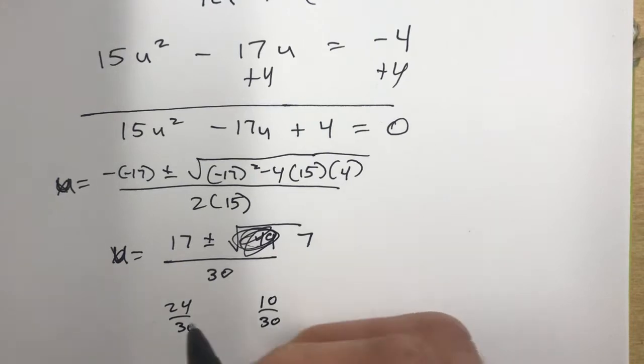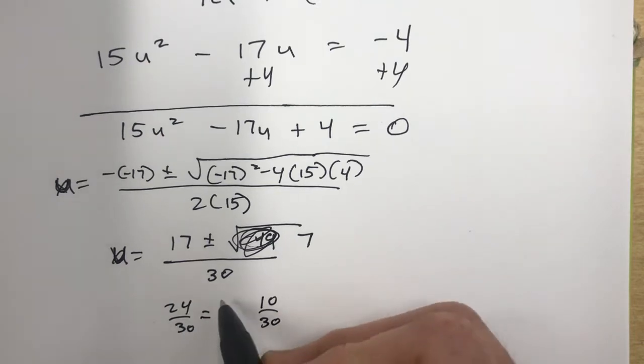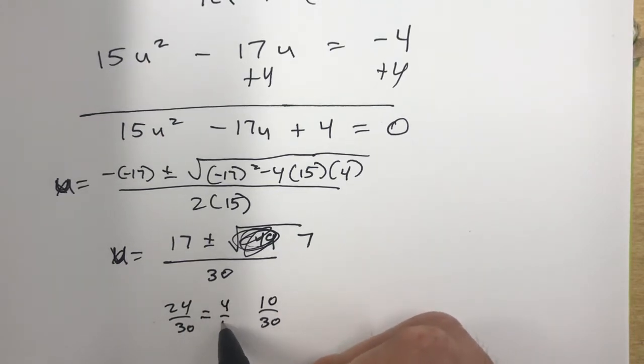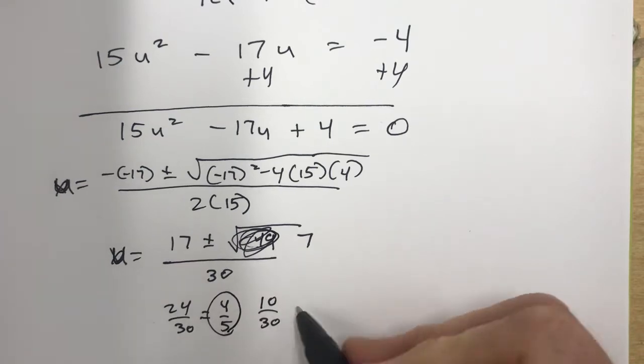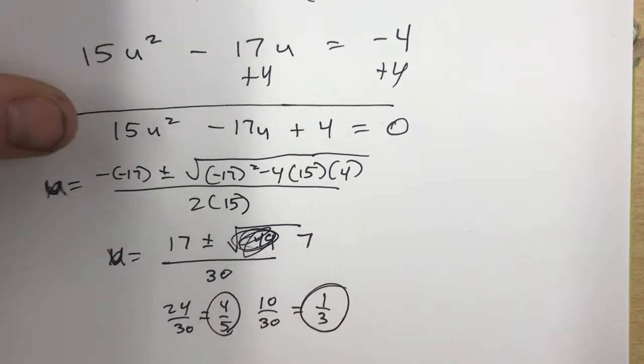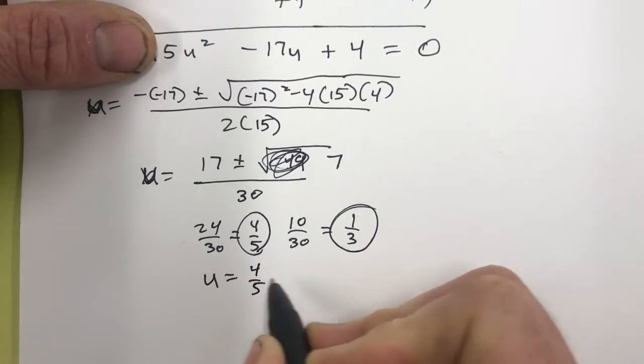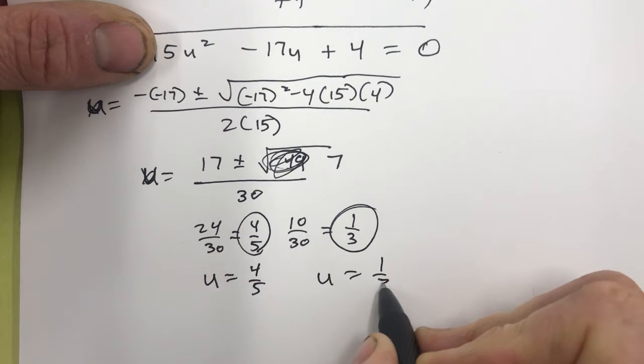And of course, both of these simplify, so this one here, 6 goes in that 4 times, so that's 4/5. And in this one, 1/3. All right, so that means u equals 4/5, u equals 1/3.